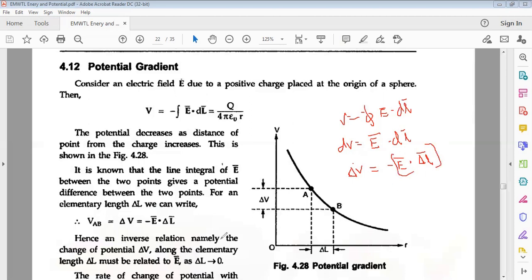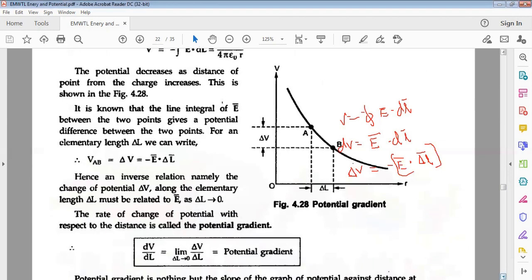Hence, an inverse relation: the change of the potential delta V along the elementary length delta L must be related to E bar as delta L tends to 0.